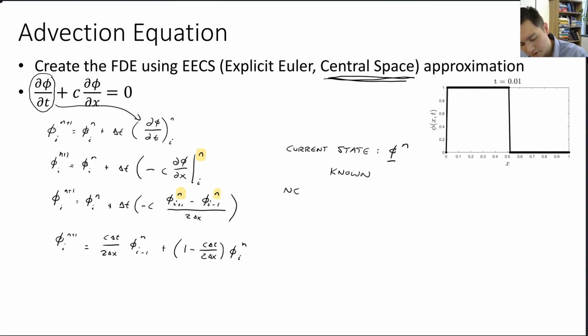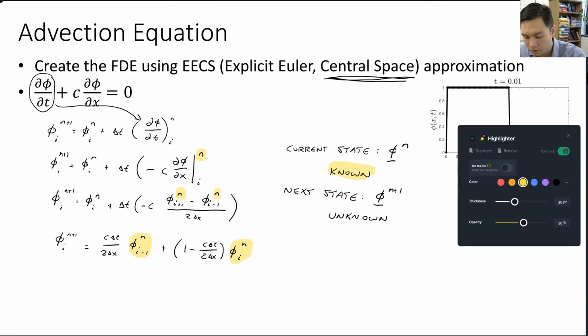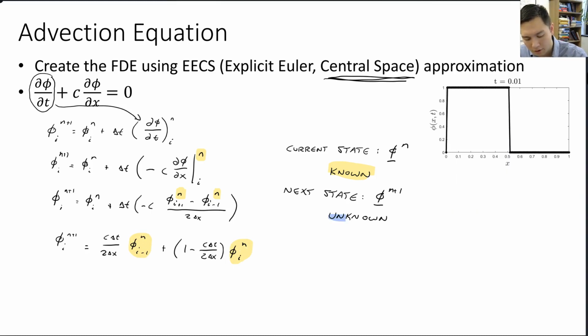Our next state at time index n plus 1 is unknown. This is what we're trying to solve for. Okay, so our knowns are on the right-hand side, and our unknown, we have only one, and it's on the left-hand side.